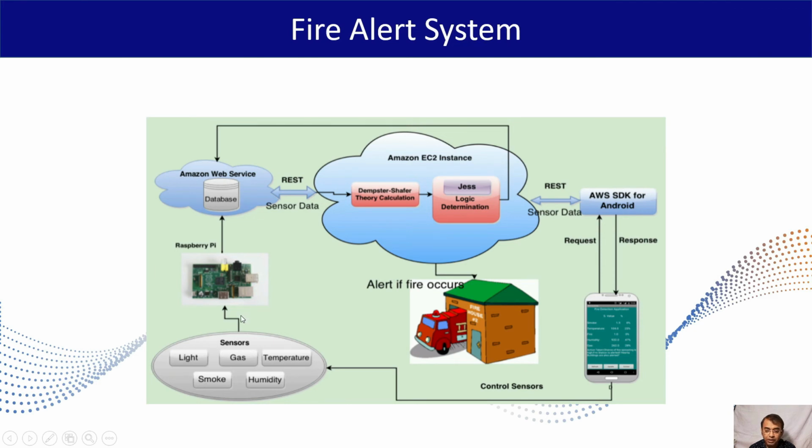Raspberry Pi will receive data from the sensors, process it and then send it to the Amazon cloud where the database is present. And now from this database the sensor data will go to an Amazon EC2 instance by using REST API.